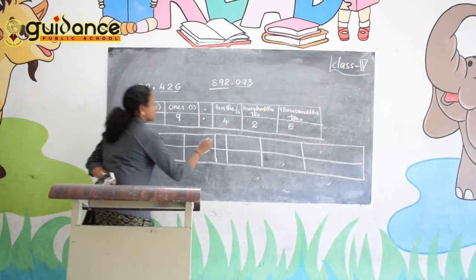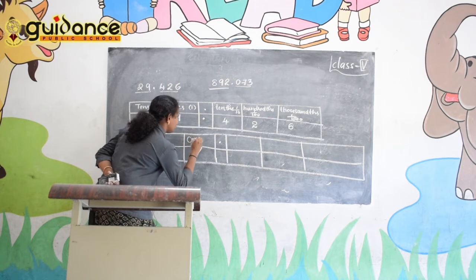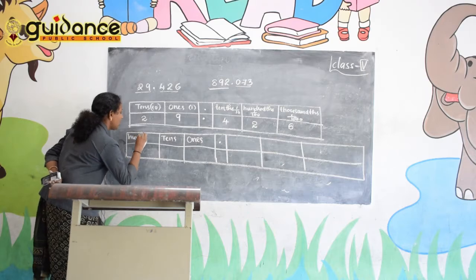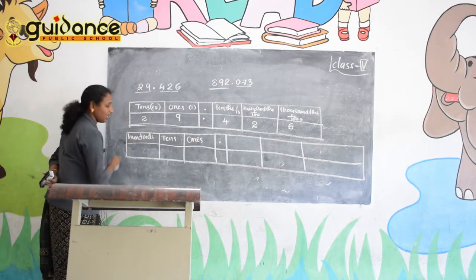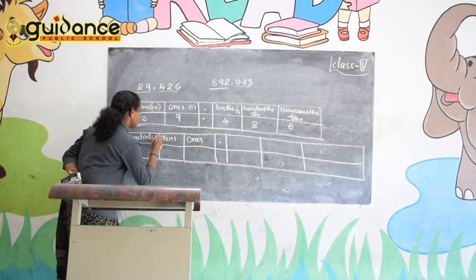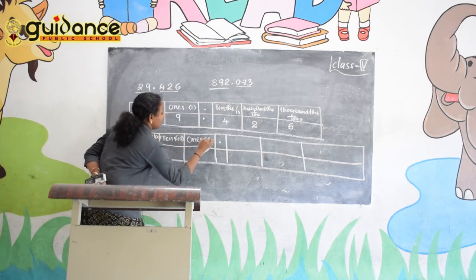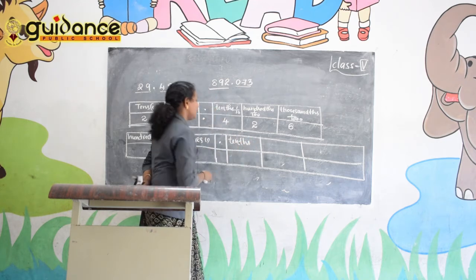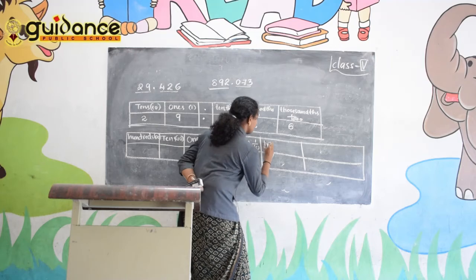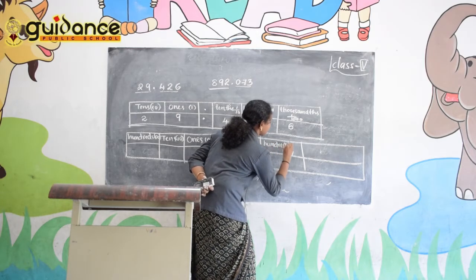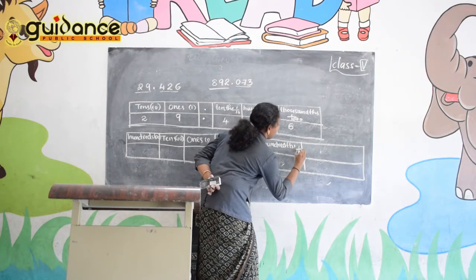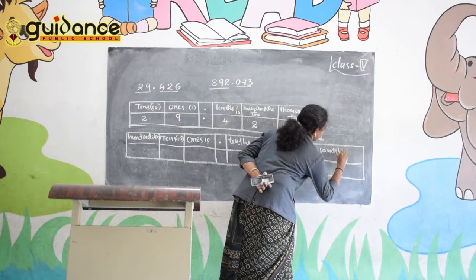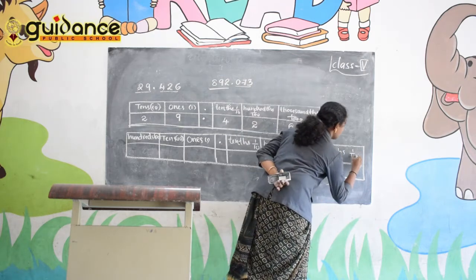Then we will write, this is the decimal point, and this is the ones, tens, then hundreds. Be very careful to write the places. 100, 10 and 1, and tenths, or 1 by 10, then hundredths, 1 by 100. Then next one is thousandths, or 1 by 1000.